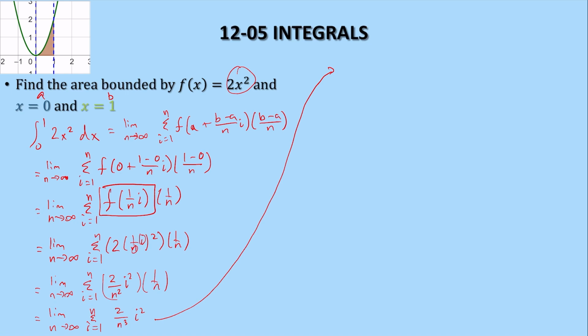All right, now let's work on our sum. For the sum, we could factor out everything that's not an i. So I could factor out the 2 over n cubed. All right, but we have a formula for i squared. So let's use that formula.